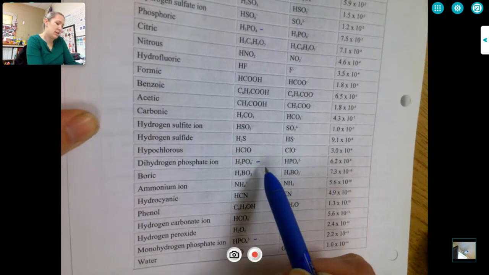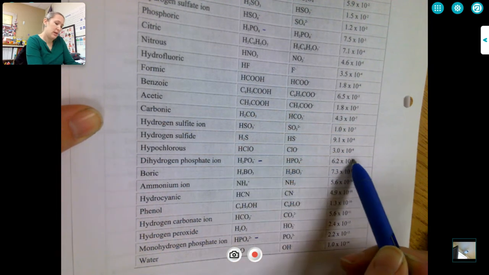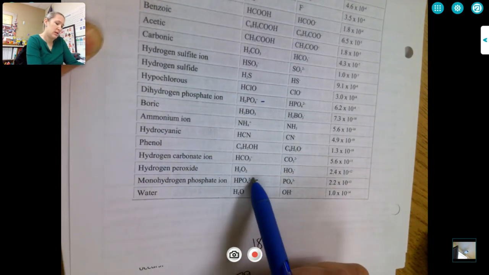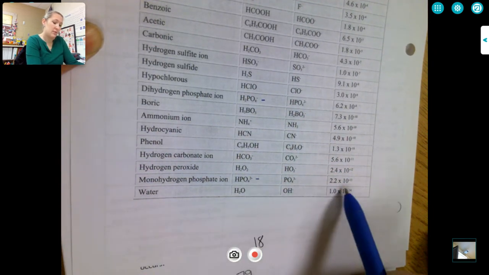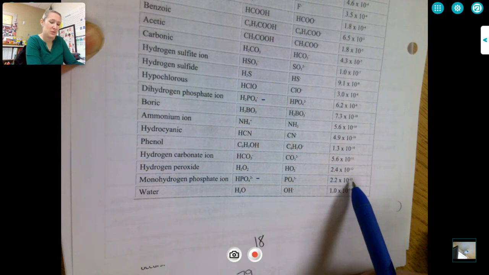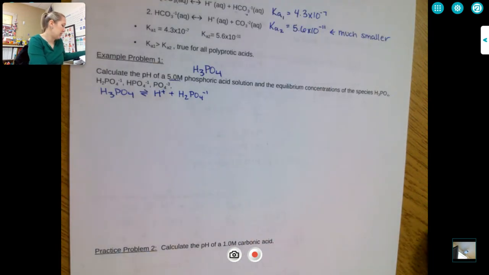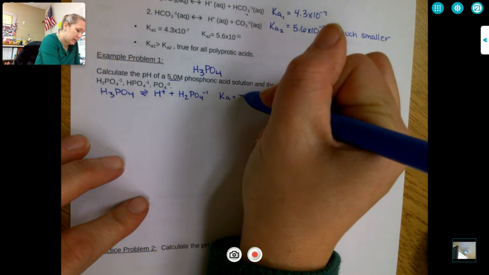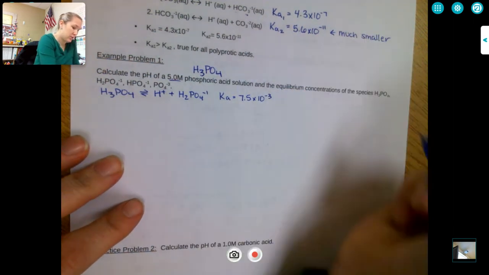Then we want the next one. When it's lost one, we have H2PO4 minus and its Ka value. Finally, when it loses the next one, we have the monohydrogen phosphate ion and its Ka value. We can see those Ka values have gotten smaller every time. That's where I'm pulling my Ka values; you could also look them up if you didn't have a chart. So for this one, my Ka is 7.5 times 10 to the negative 3.